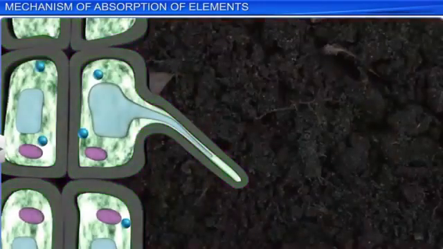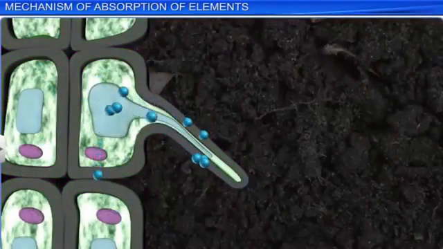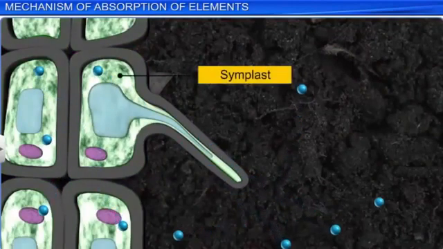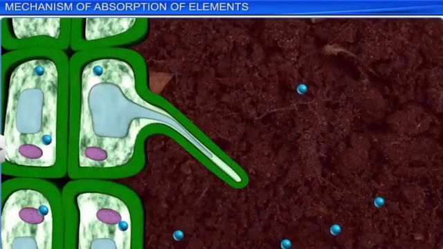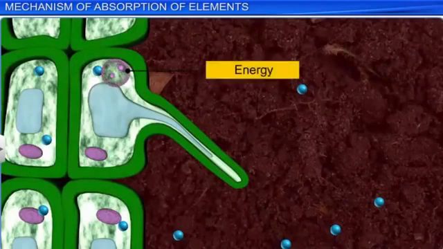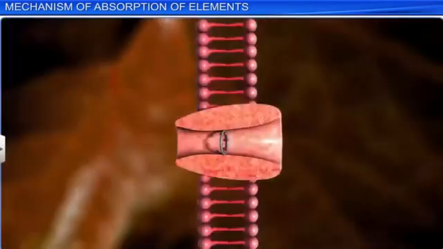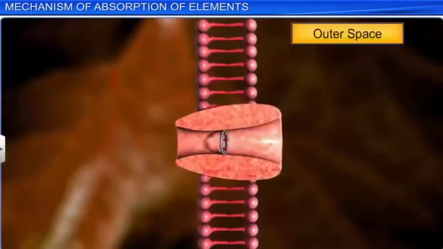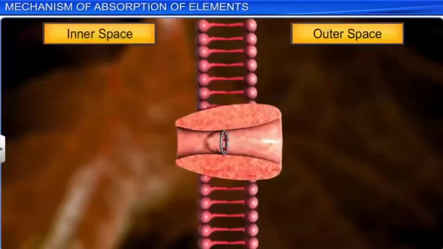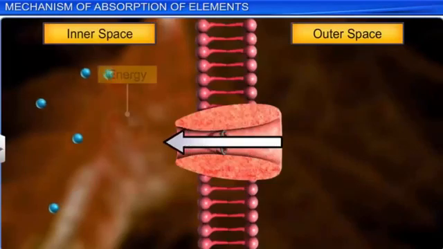The second phase involves the entry or exit of ions to and from the symplast. This requires the expenditure of metabolic energy, and hence it is an active process. The movement of ions from the outer space of the cell to the inner space is generally against the concentration gradient, and hence requires energy.